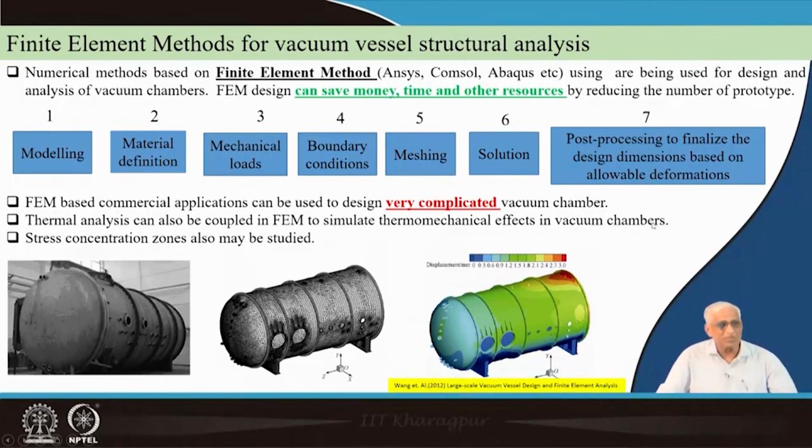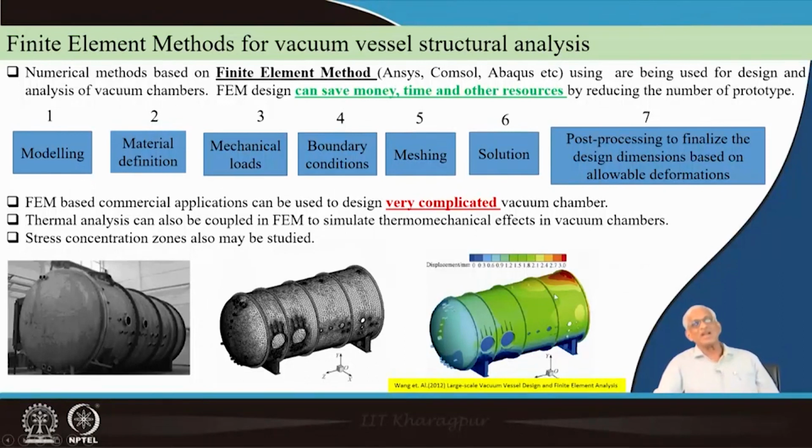So today many people are working on a variety of software. The beauty of this is you can add the thermal field to the mechanical field, because various temperatures you can instantly put in as a parameter, as a boundary condition. And the shape need not be like this. The shape can be complicated.